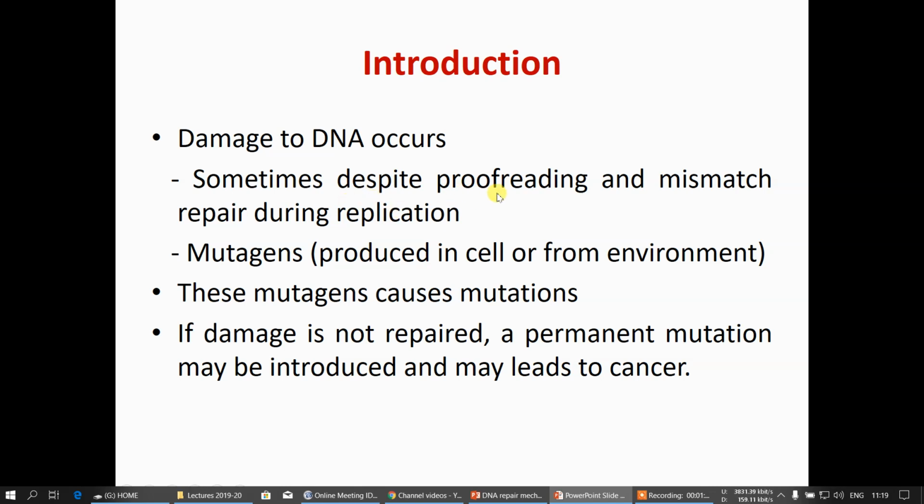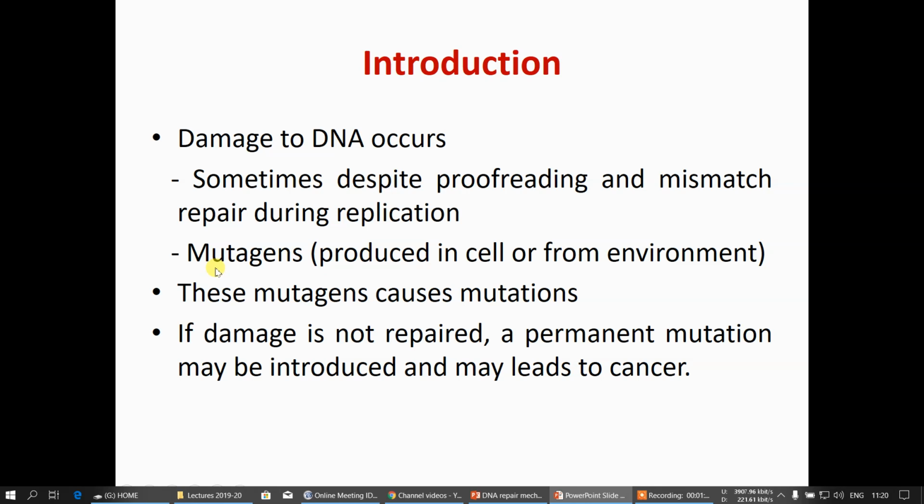But sometimes, despite proofreading and mismatch repair, damage to DNA remains, because certain times proofreading cannot see the actual base pairing between the newly synthesized strand and the template strand.